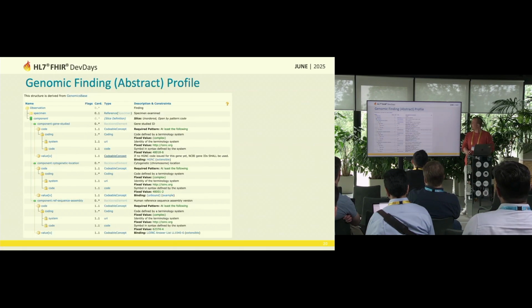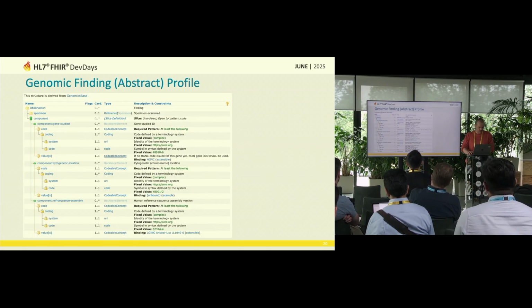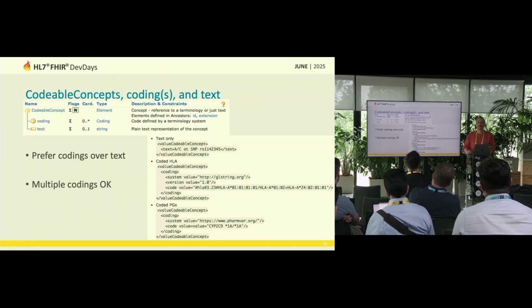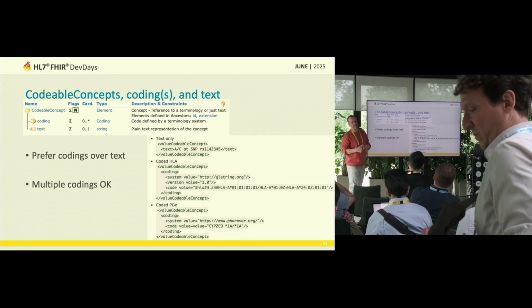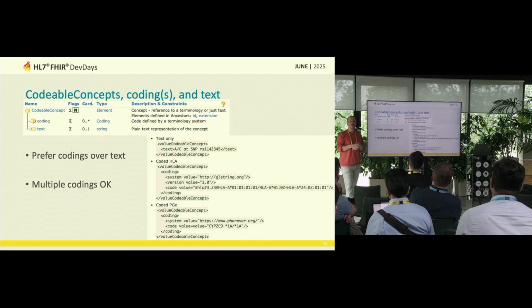So this is the abstract profile. I'm a little bit slow, so I will skip this slide. Talking about codable concepts, codings, and text. We support text-only representations of coded formats. I don't like it, but that's the reality.